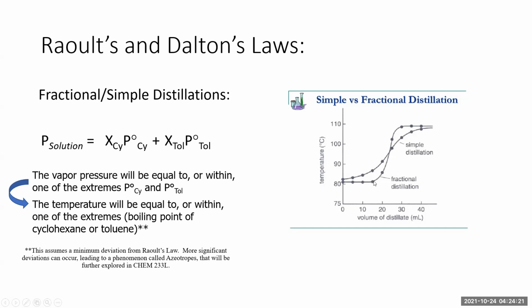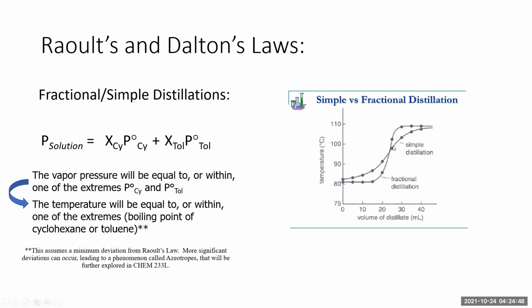And then all of a sudden, as the amount of cyclohexane goes down considerably, the temperature starts to go up and it would rise rapidly to the boiling point of pure toluene. This would mean we were able to collect pure cyclohexane. There's a very short period of time where there might be a mixture, and then we're able to collect pure toluene. And that would, of course, be a perfect ideal separation.